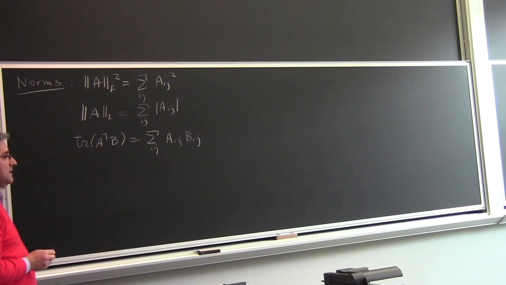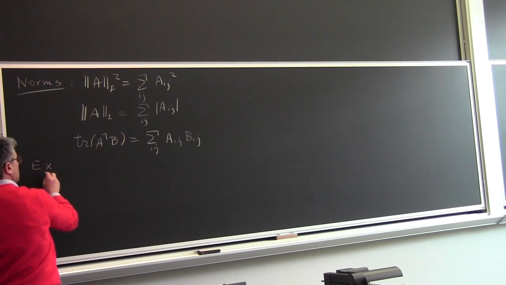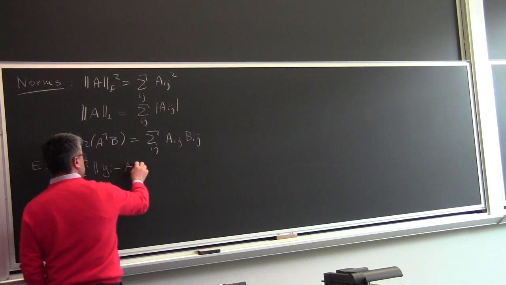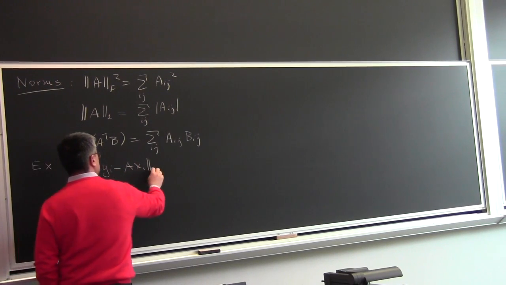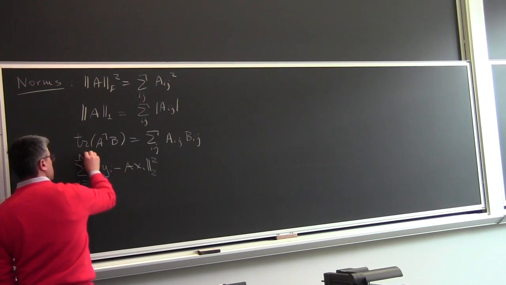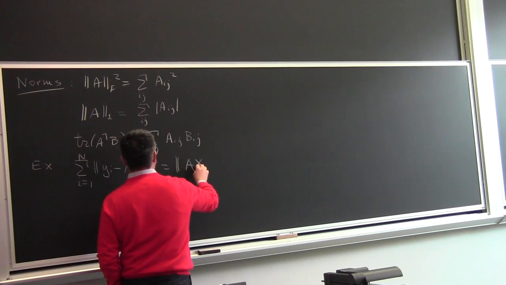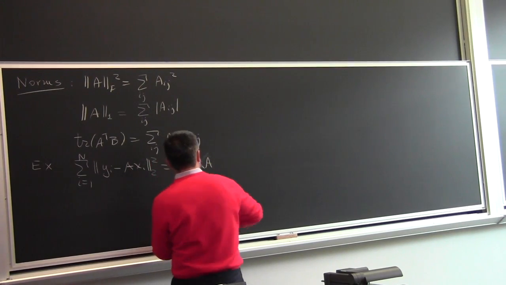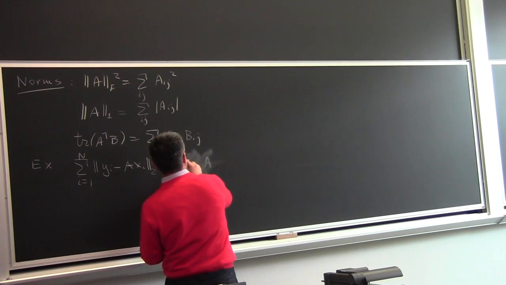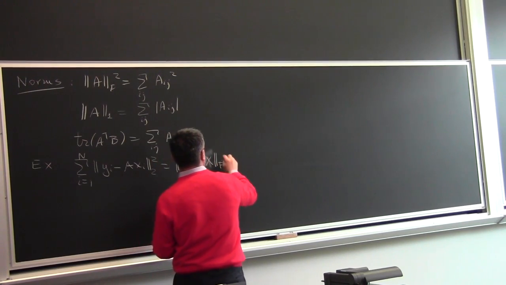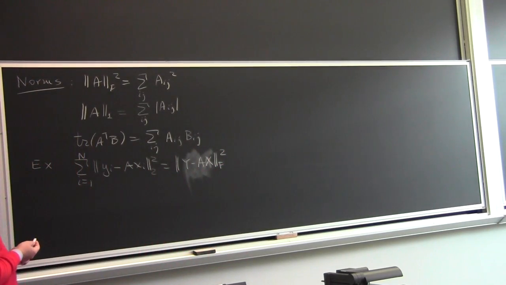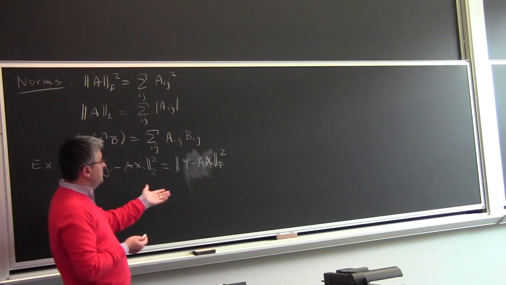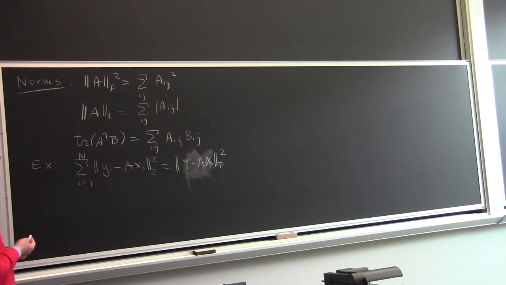And we ended up with a little tiny exercise, something along the lines that the sum over i from 1 to n of the 2-norms squared of y_i minus A x_i is equal to the Frobenius norm of a certain matrix. We ended up in the previous lecture exactly with that little calculation that allows us to write the sum of least squares errors precisely just as the Frobenius norm of a certain matrix.